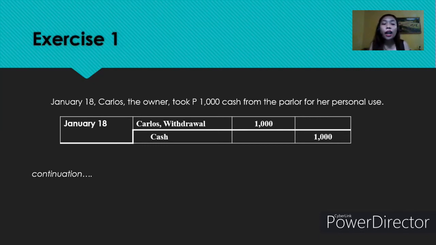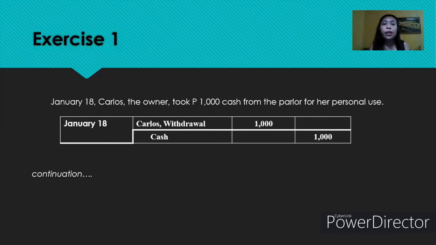Now, Carlos withdrawal automatically lessens the capital of the business because Carlos took 1,000 cash for his personal use, so they call it withdrawal. How much? 1,000. You have to debit it, because you want to decrease the capital. So use withdrawal and debit it.